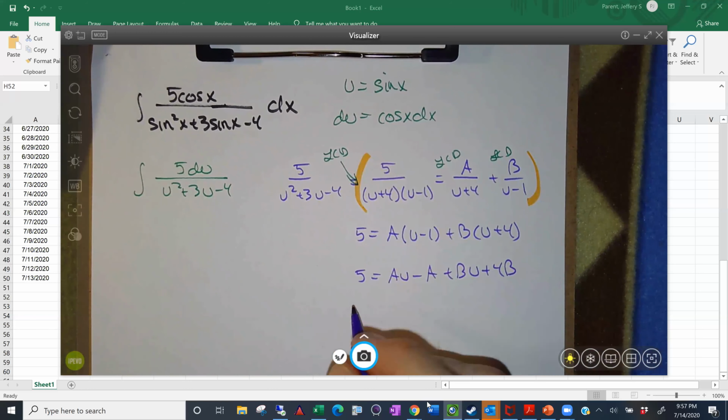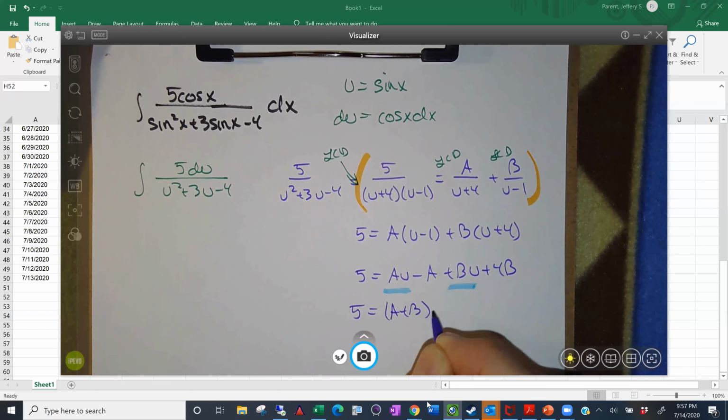So we put the u's together. It's going to be A plus B times u, plus negative A plus 4B.